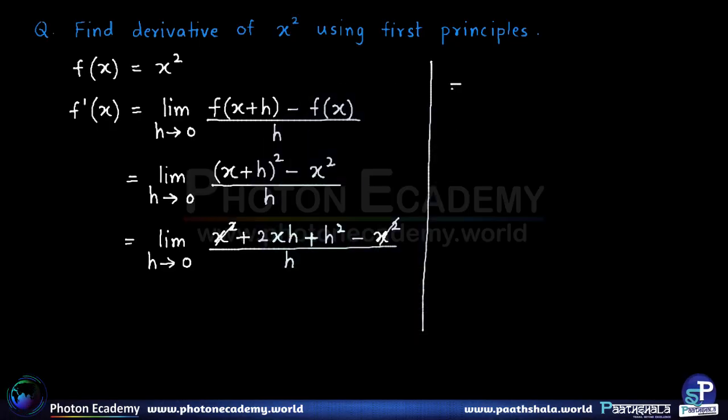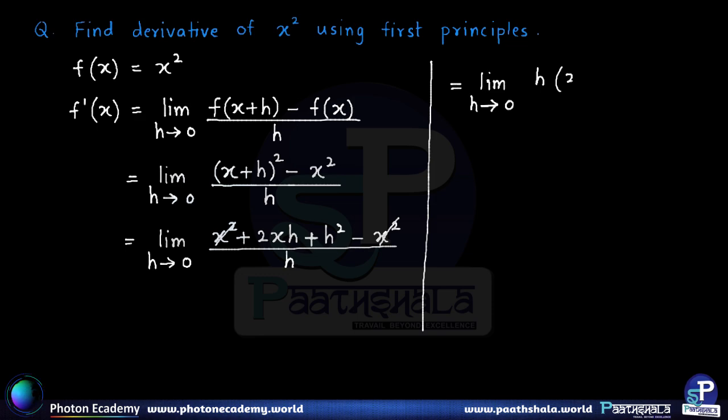Evaluating further, we have limit as h tends to 0. Now from the remaining quantity in the numerator we can take h common. What remains in the bracket is 2x plus h, whole divided by h.